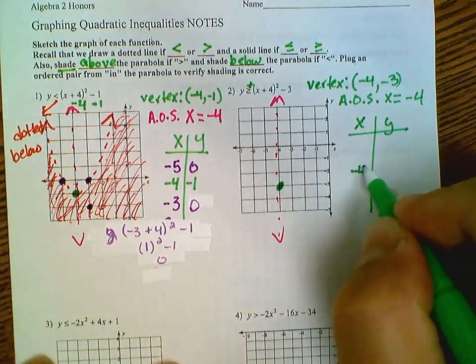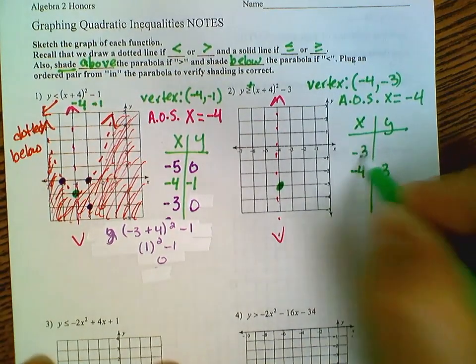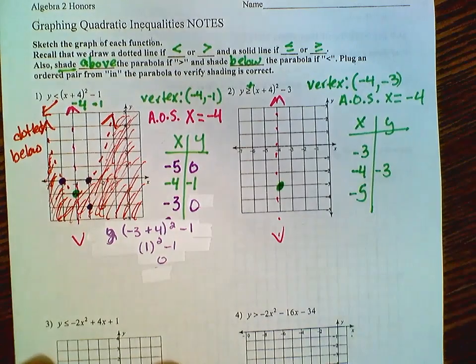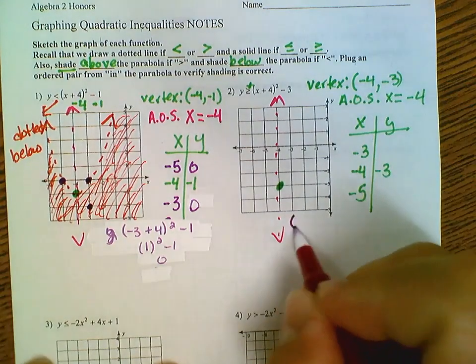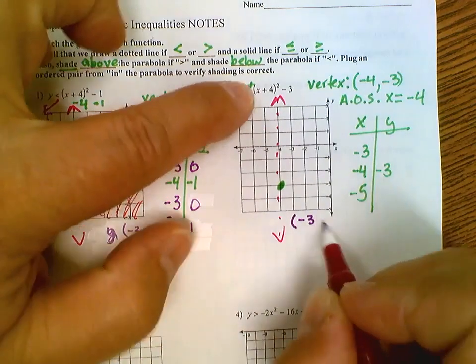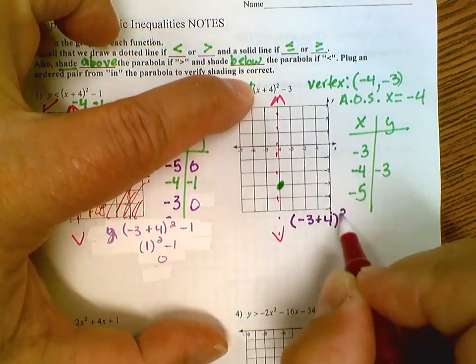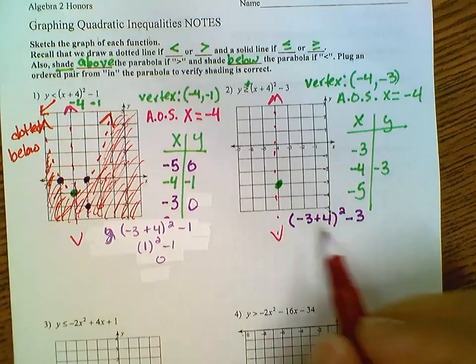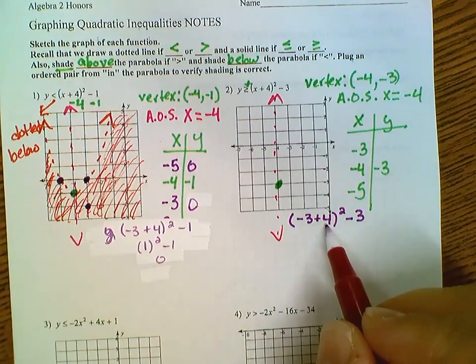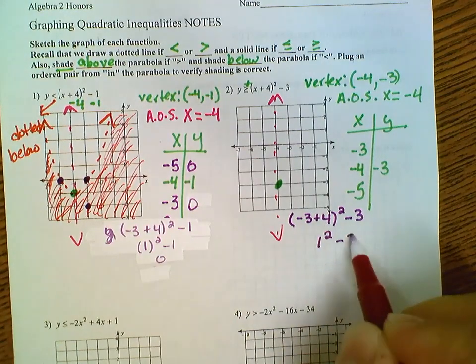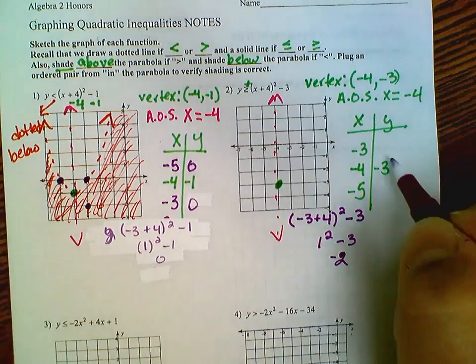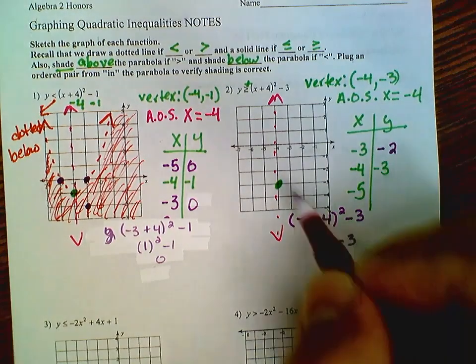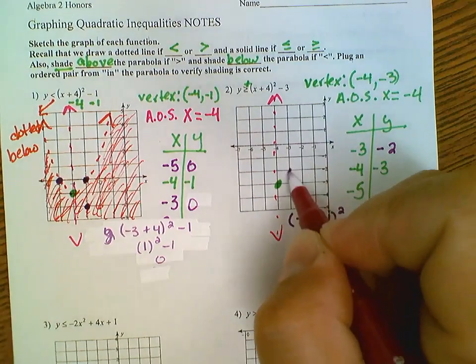So to get a couple more points, I'm putting my vertex in the middle. I'm going to use -3 and -5 again. So if I plug in -3, I've got -3 plus 4 squared minus 3. -3 plus 4 is 1 squared minus 3. That's 1 minus 3, so I get -2. All right, so -3, -2.